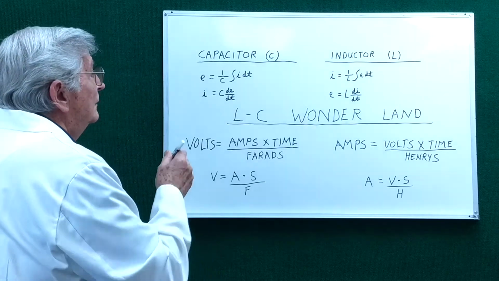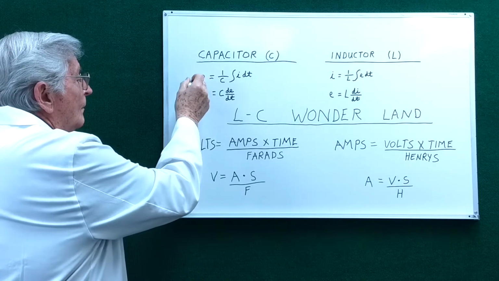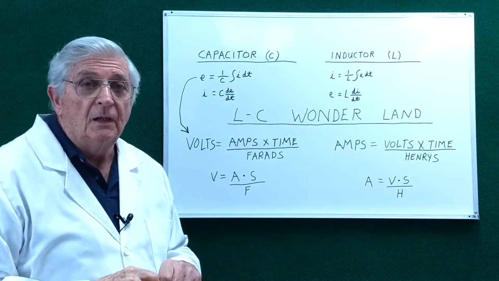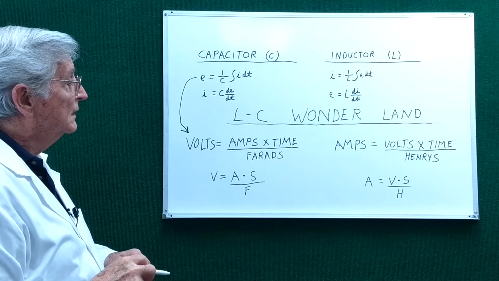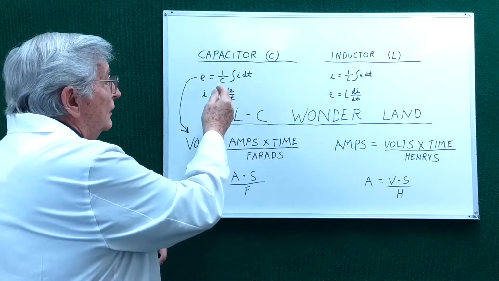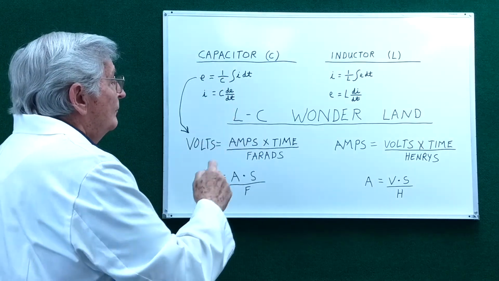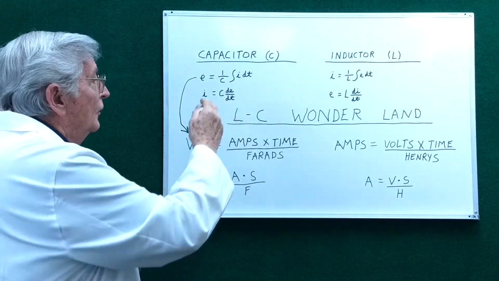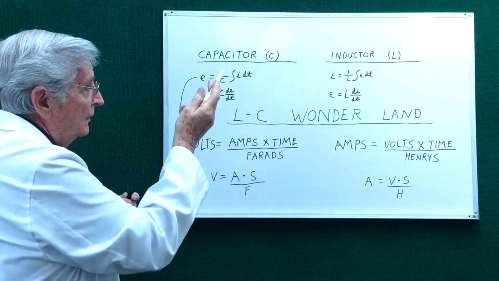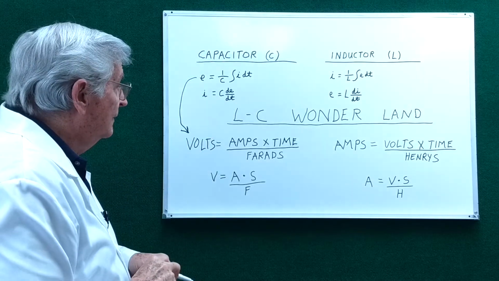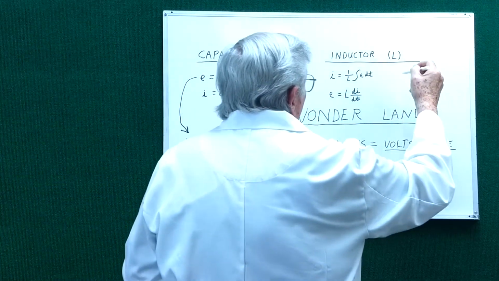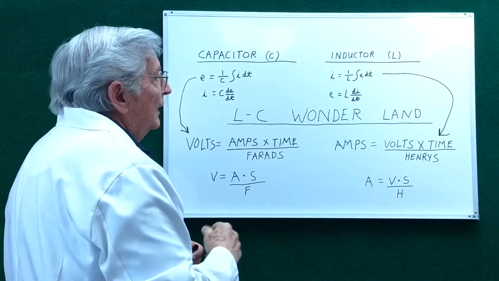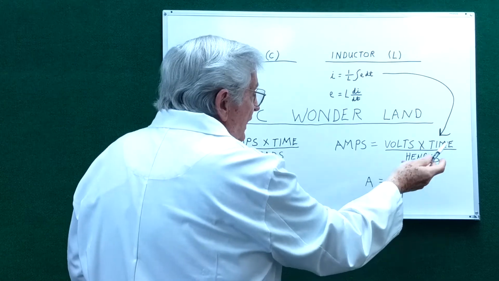But this equation here becomes this when we put in the normal electrical units. Farad is the unit for capacitance. Of course, amps is the unit for current, and volts is the unit for voltage. This equation becomes this, and the unit of inductance is henries.